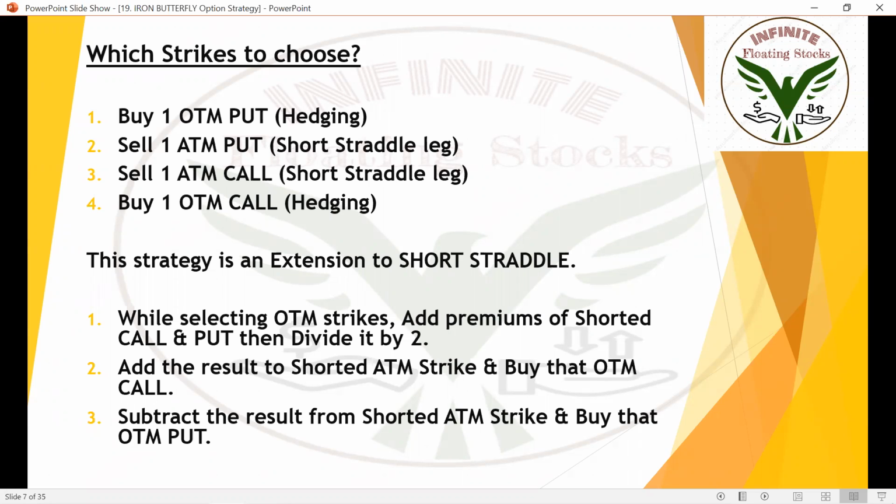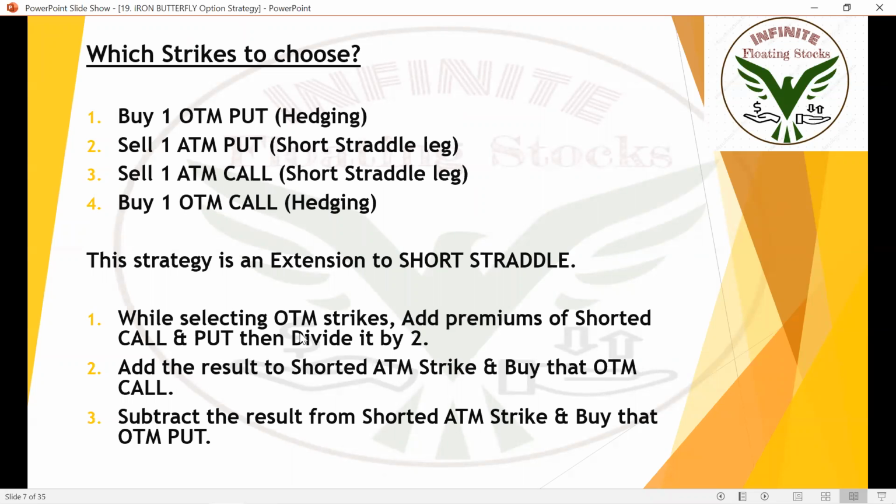This strategy is an extension of the short straddle, which is nothing but selling the at the money call option and at the money put option. While selecting OTM strikes, I'm talking about these hedging legs.